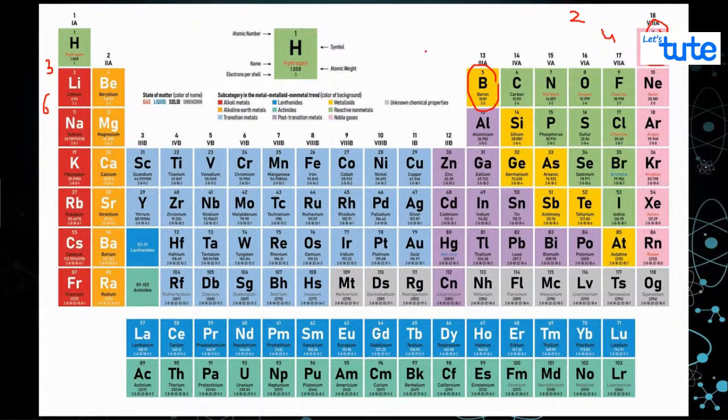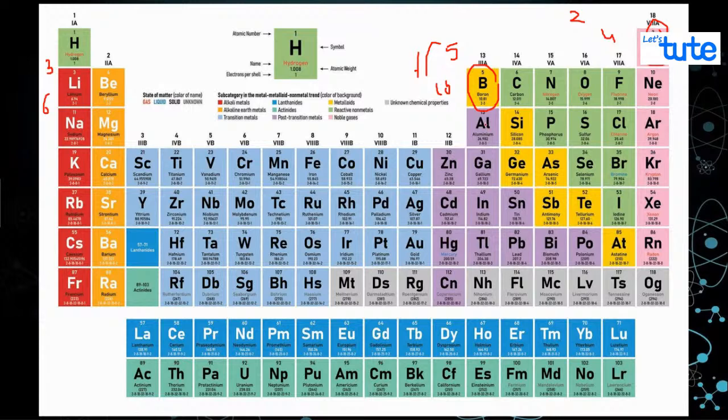Okay, so the atomic number of boron is 5, but the atomic mass of boron is actually 10. So there's a pattern over here that we simply multiply it by 2 and we get our answer. But try to understand this, it's not the case for every element. If you try to do the same thing, you can go wrong.